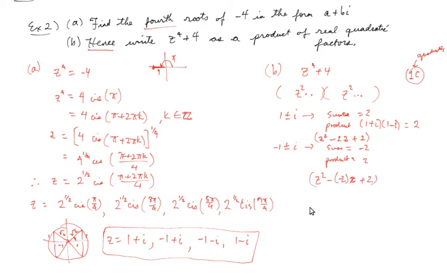And so z to the fourth plus 4 would be this product times this product. So it would be z squared minus 2z plus 2 times this quadratic, which would be z squared plus 2z plus 2. Okay, so there's my answer.